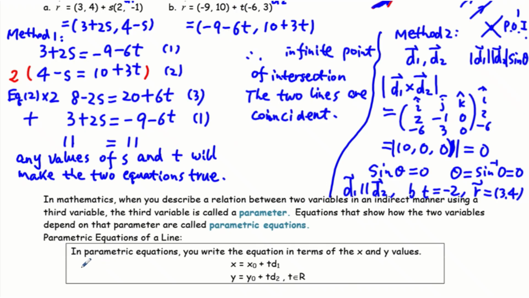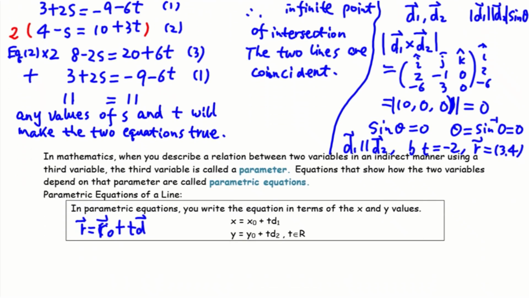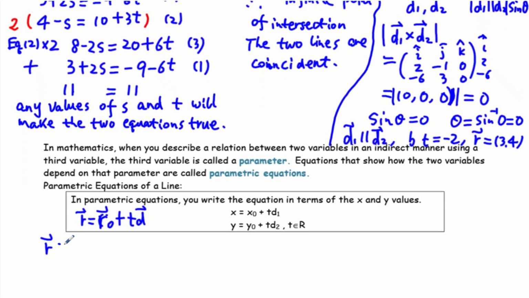So if we have r equals r0 plus td, then we want to expand it. So r is xy, r0 is x0, y0, and d equals d1, d2. We sub all these in.